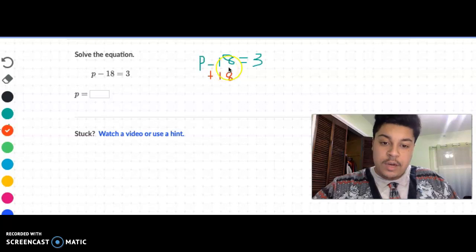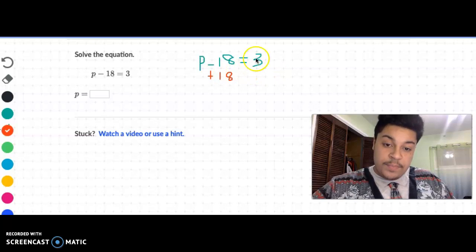So next, we're going to move past the equal sign. We have a 3 here. So what do we do with this 3? Whatever we do to this side, we have to do to this side. So we added 18 here, so this cancels out. Now we're also going to add 18 to 3.